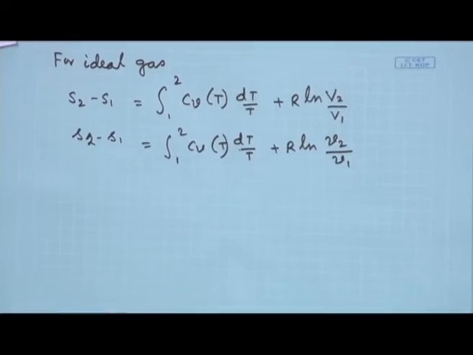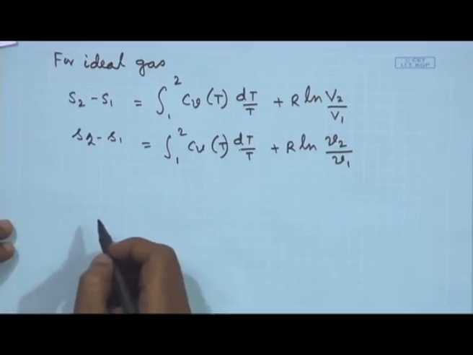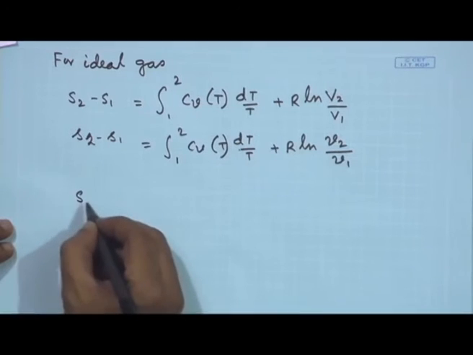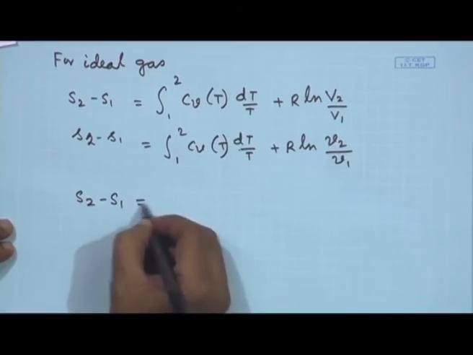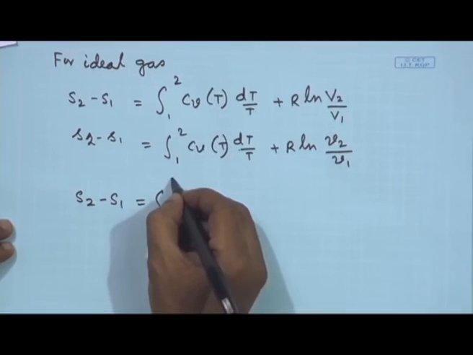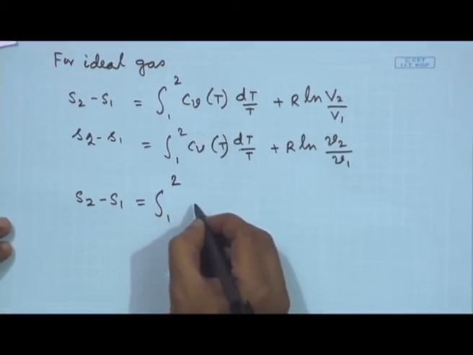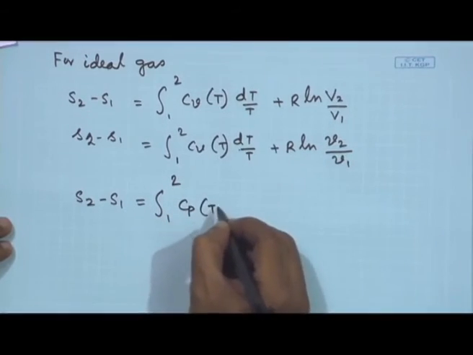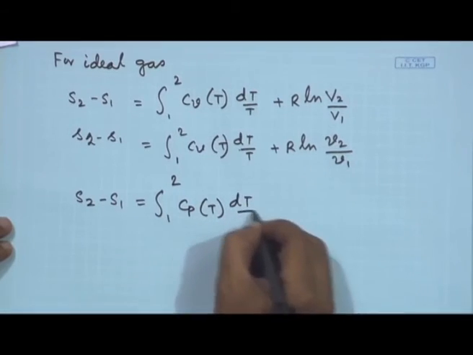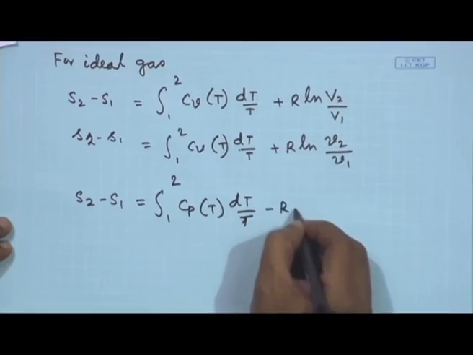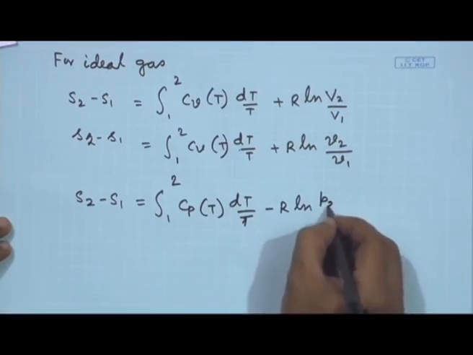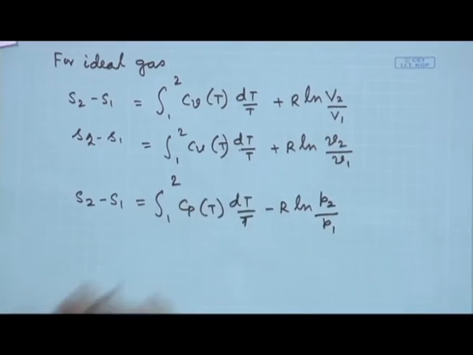So, this also I can write. There is another expression: s2 minus s1 is equal to the integral from 1 to 2 of Cp(T) dT by T minus R ln P2 by P1. So, either in terms of specific heat at constant volume or specific heat at constant pressure I can write.